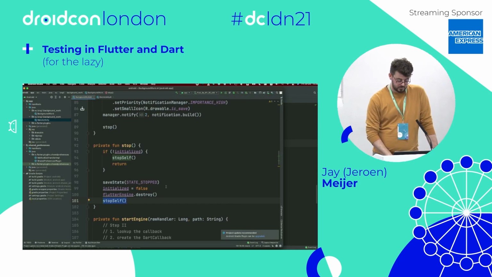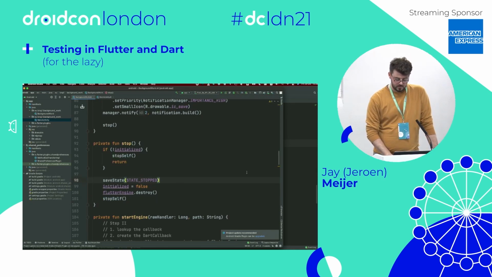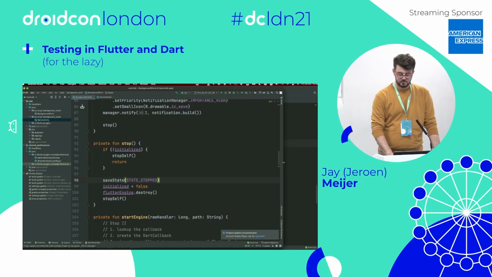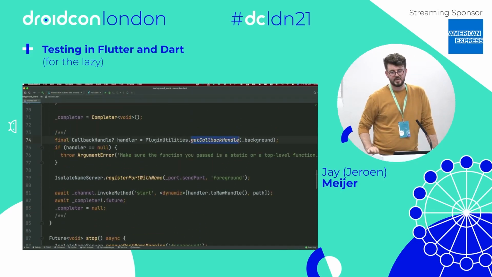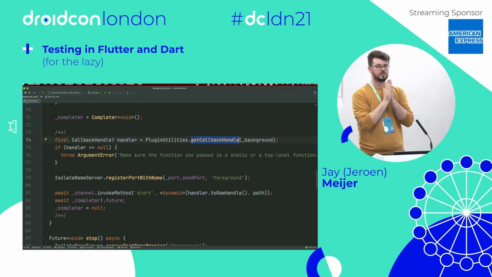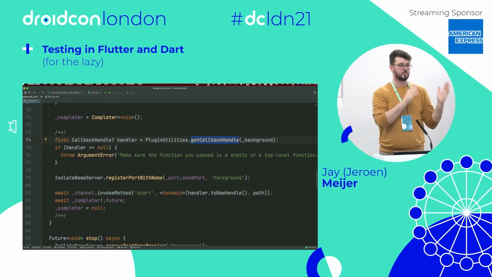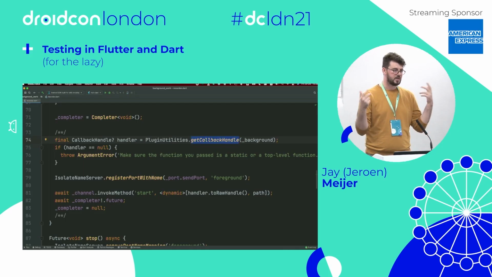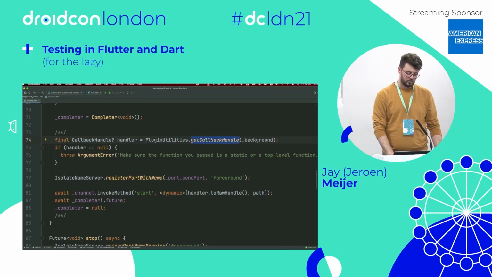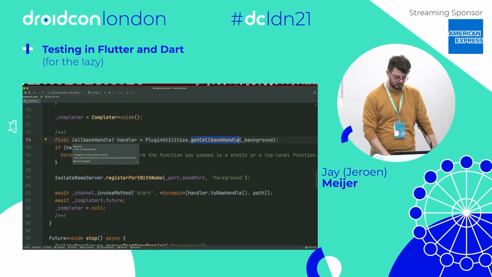Now, to recap what we did here: as I said, we used two tools. Get callback handler registers a function, a top-level or static function, that you can use from a different isolate. As we know with isolates in Dart, you cannot send whatever you want. The memory is not shared between isolates, so you need to somehow communicate or call other functions. So this is like an integer, easily sent through a send port.